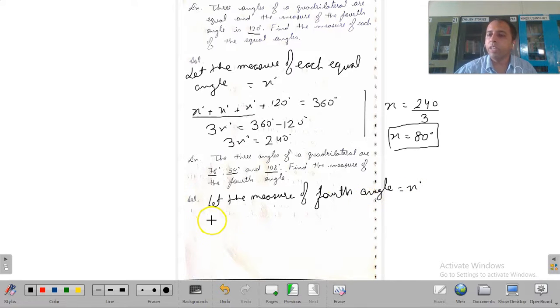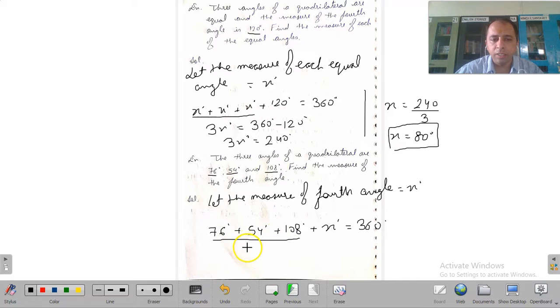Again you will write down a statement. According to the angle sum property of a quadrilateral, 76 degree plus 54 degree plus 108 degree plus x degree is equal to 360 degree. How can we find the value of x now? We can add all these three angles.